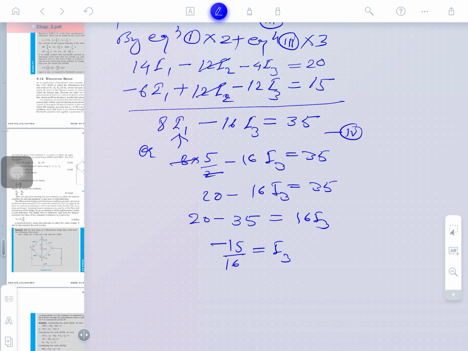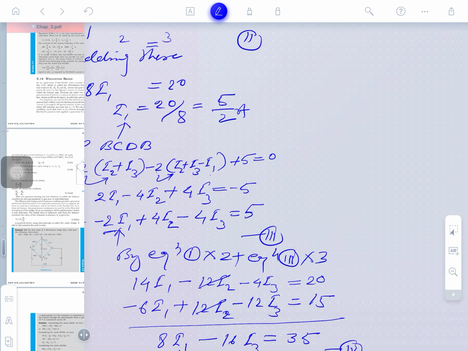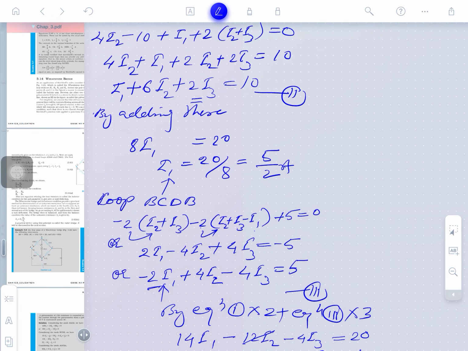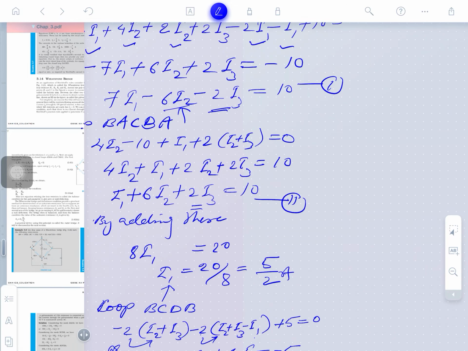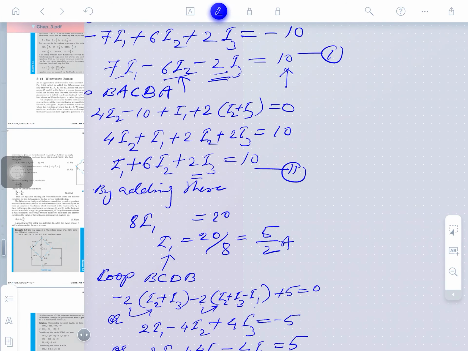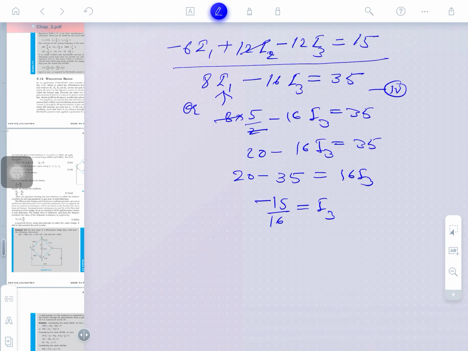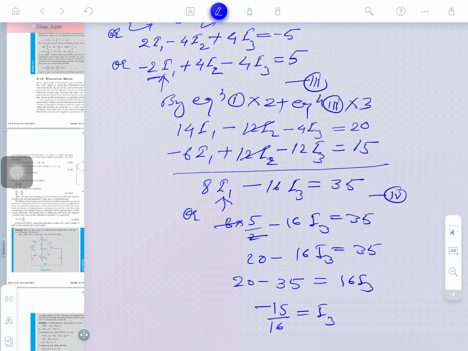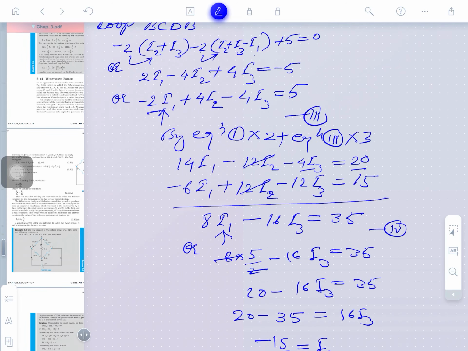16 I3 is coming here. So 2 multiplied by 2 tens. Here you have multiplied by 2. Okay, so 14, 4 will come here. This 4 and 20, the first equation. Okay, and the third equation, what is it?